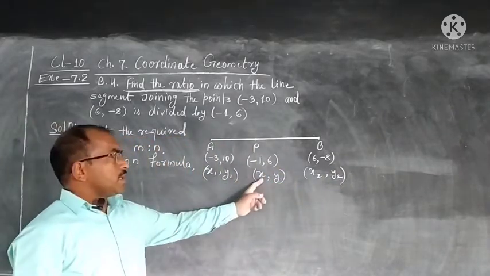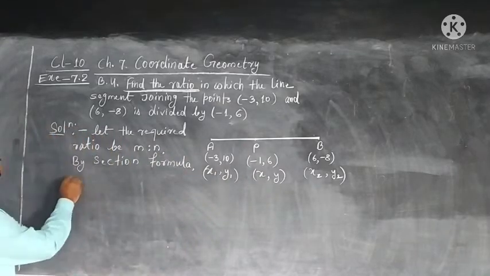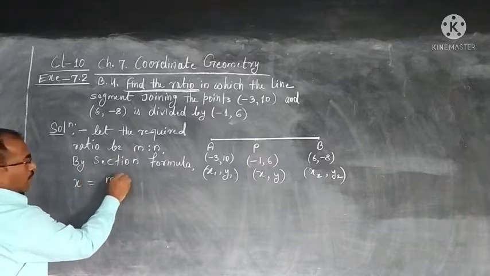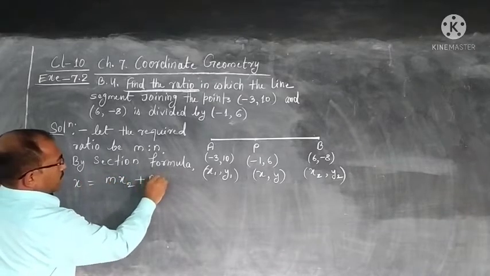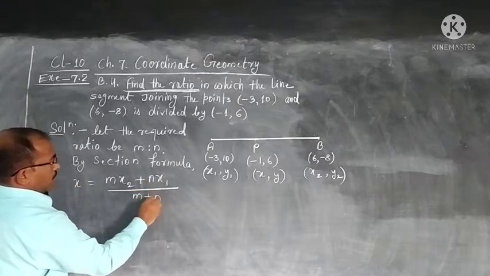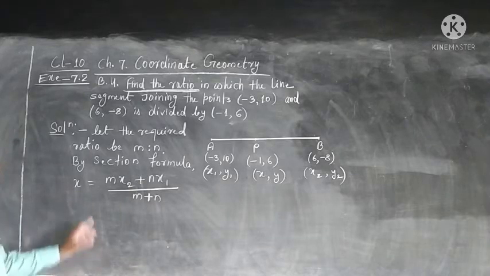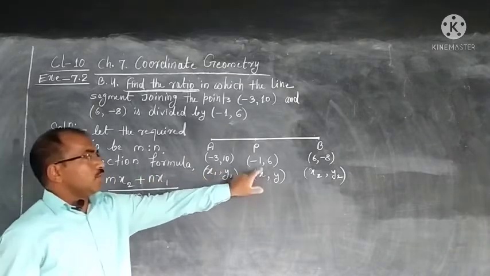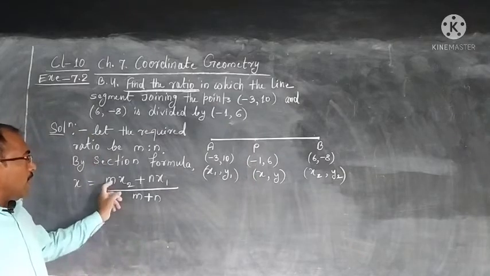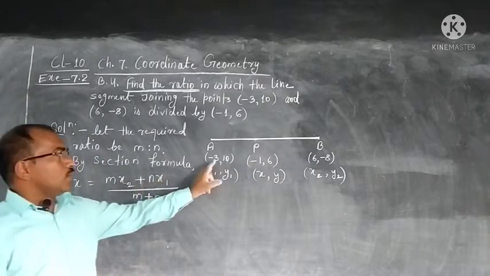So, we are finding x. The section formula is that x equal to (m x2 plus n x1) by (m plus n). Think here in this question, what we have: x, this coordinate, we have minus 1. m and n we do not know. x2 and x1 we have.